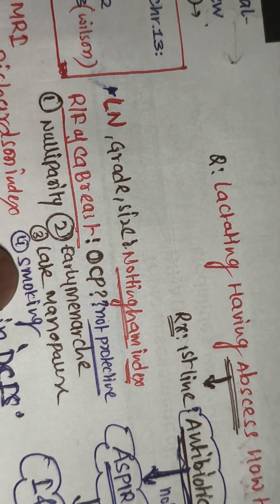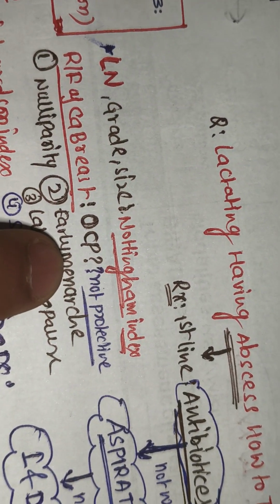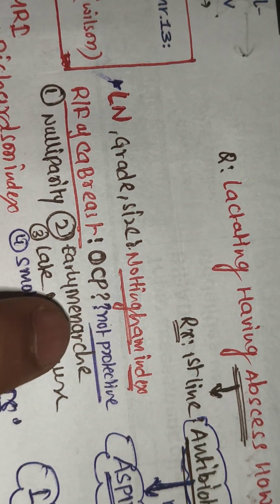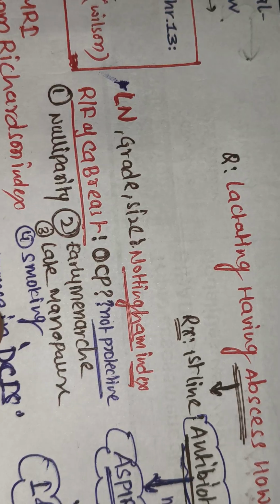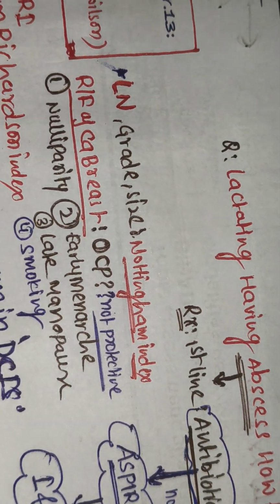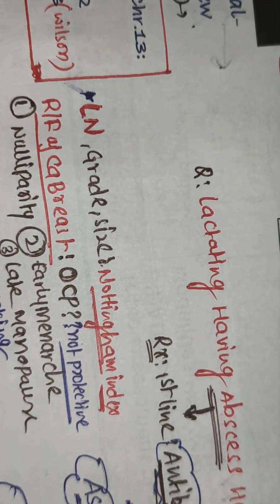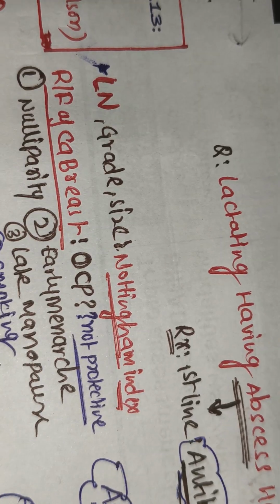It means wherever estrogen is increased is a risk factor for the breast. But OCP is not a protective factor, though we can't comment that it's a risk factor. But for sure, it is not a protective factor. And also, smoking is a risk factor for breast cancer.